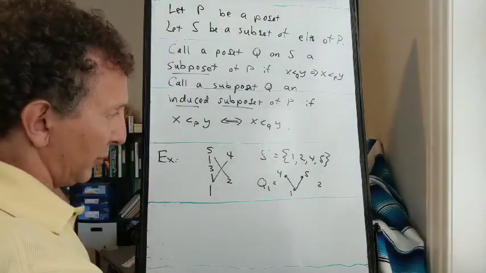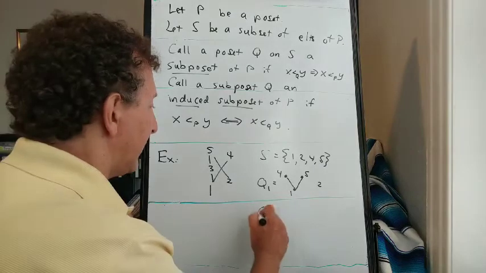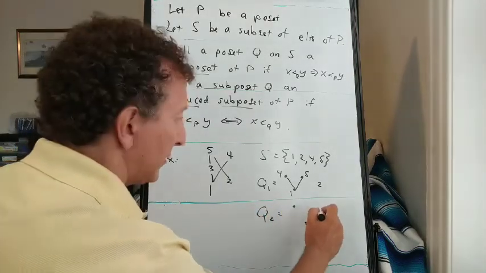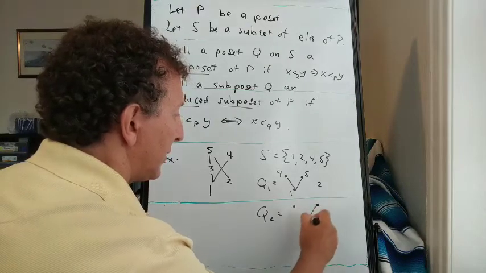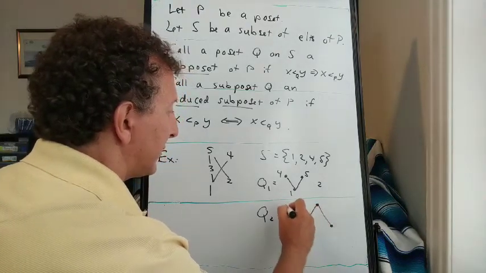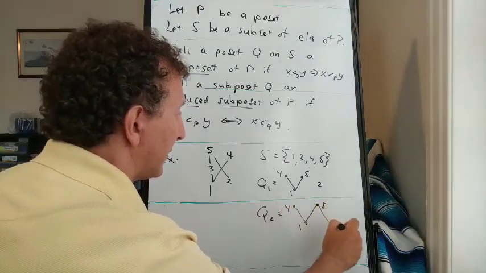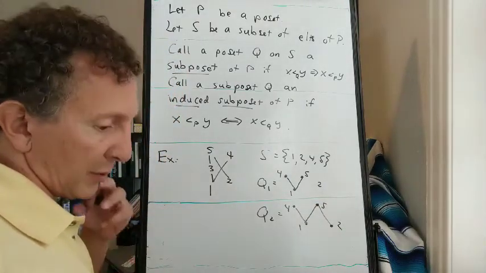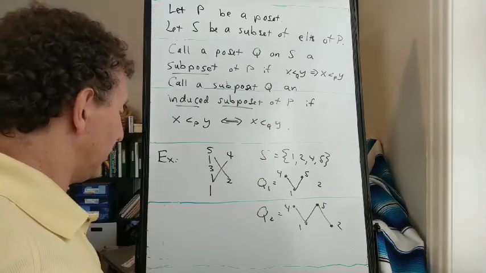If we define Q1 like this, and Q2 like this, then both Q1 and Q2 are subposets, but only Q2 is an induced subposet.